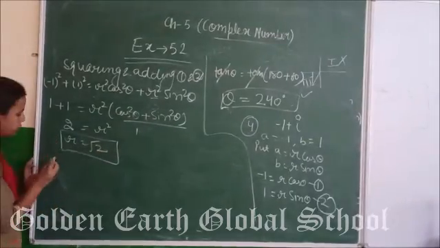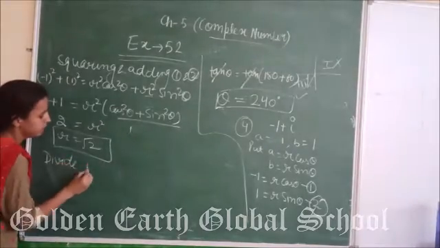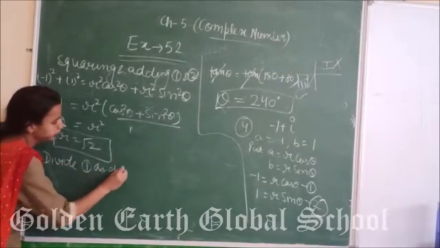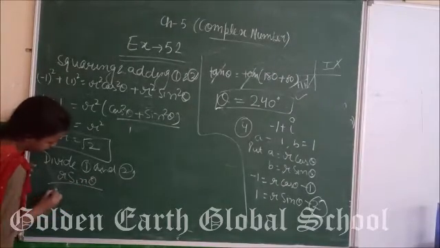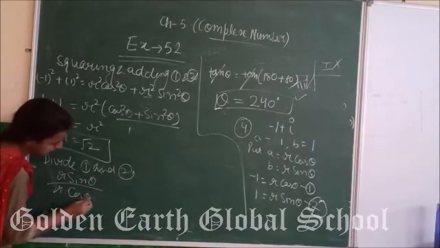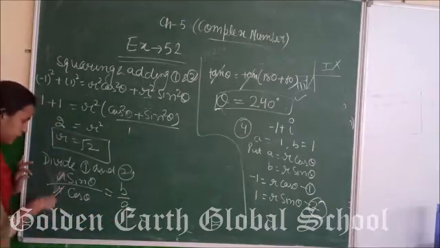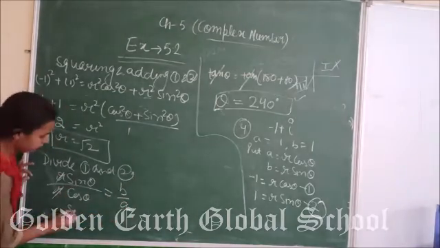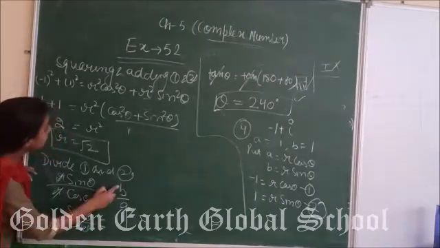Okay. Now we find the angle. Divide 1 and 2. That is, r sin theta over r cos theta is equal to b upon a. r cancels by r. Sin upon cos is equal to, what is b? 1.